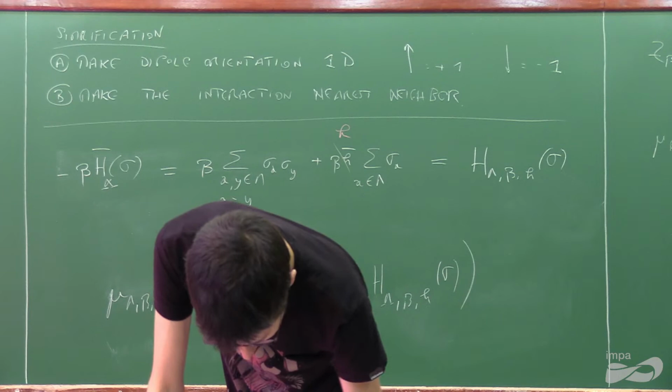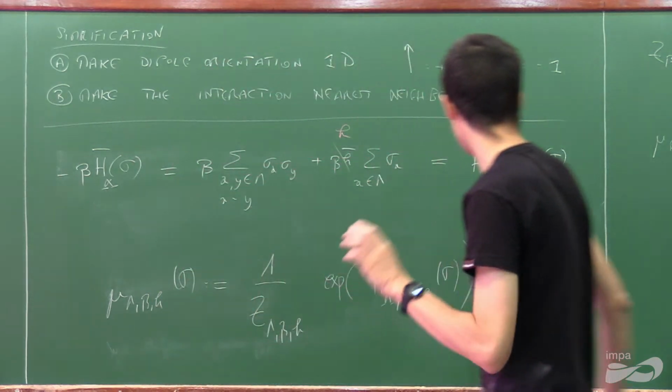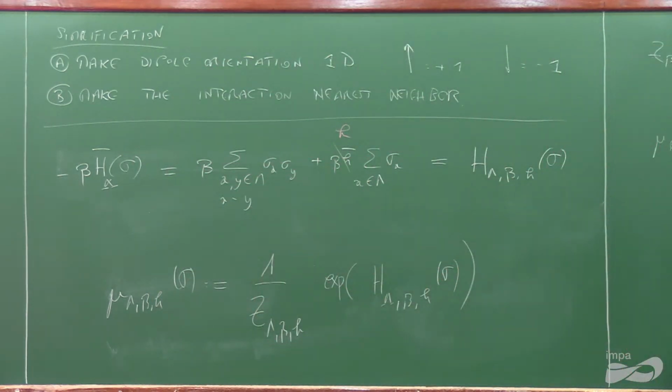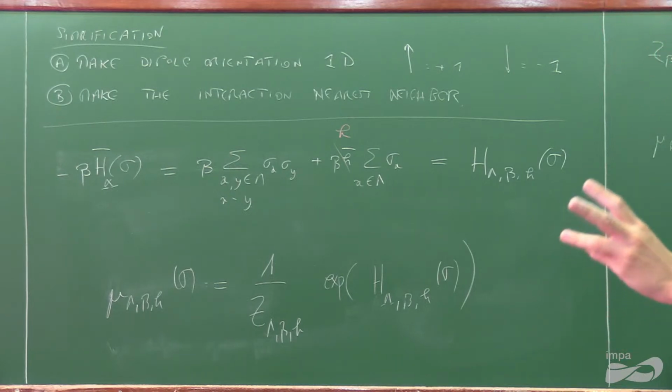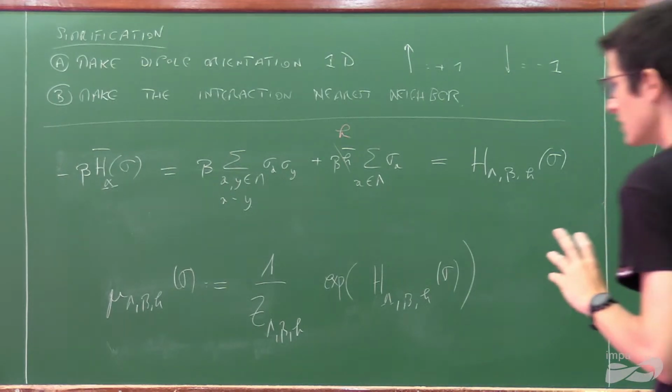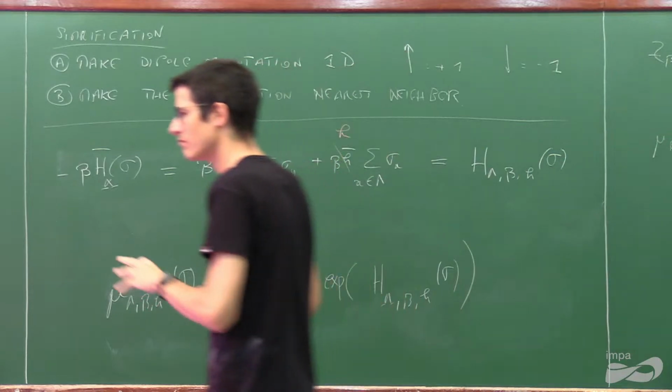Okay. Maybe before thinking about the size of the system going to infinity, there is something else I have to talk about, which is the notion of a boundary condition.